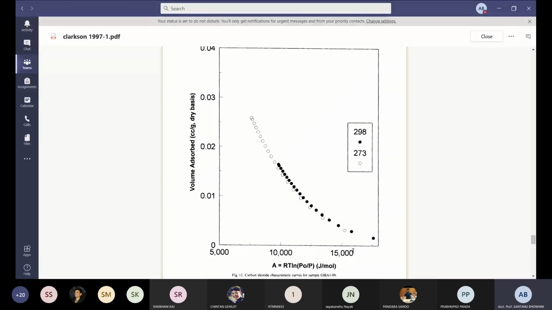So you can also see that there is a difference in the adsorption potential of methane and carbon dioxide. For carbon dioxide, you can see there are some values going beyond 15,000. This spread is much milder at the higher adsorption potential, and as the adsorption potential decreases, the graph becomes steeper.